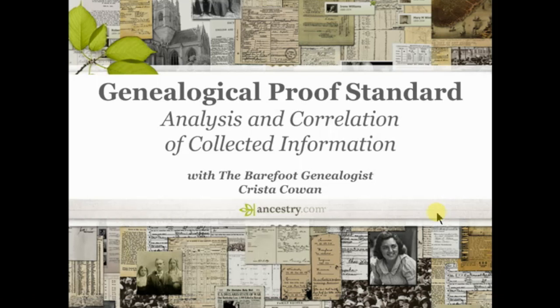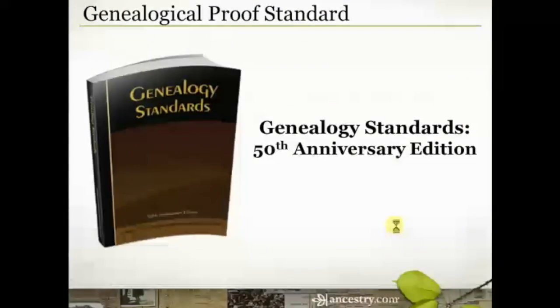For those of you who may not have caught the first couple of episodes in this series, let me just let you know where this information comes from. The Board for Certification of Genealogists has a manual called Genealogy Standards. The 50th anniversary edition of that manual just came out earlier this year. You can purchase it online.